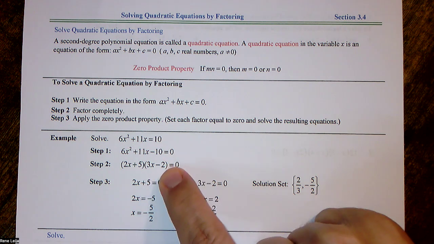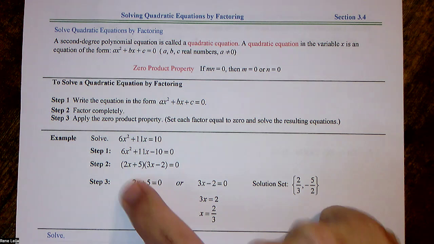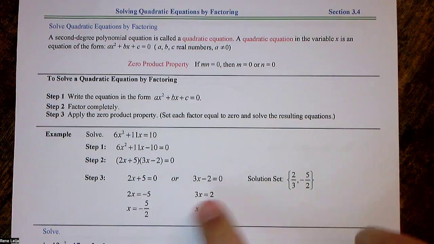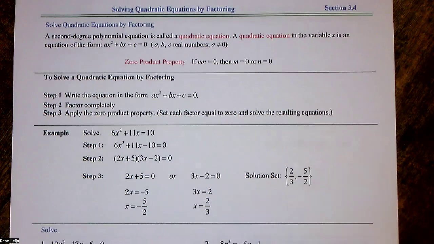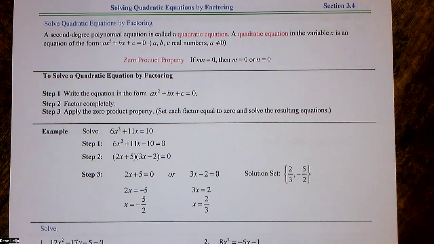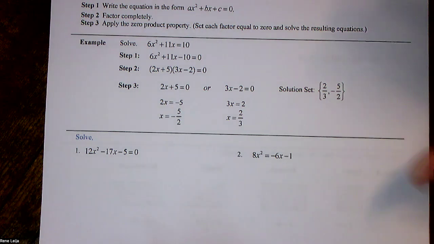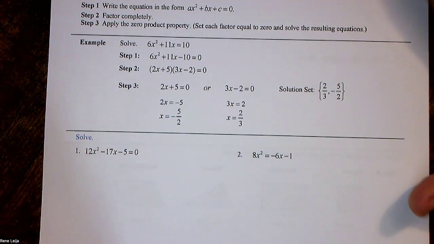So you need this. If you don't have this, I'm going to take points off. Then you set each of these factors equal to 0, solve, and then you put your answer in the solution set.